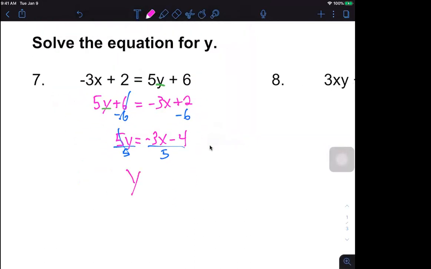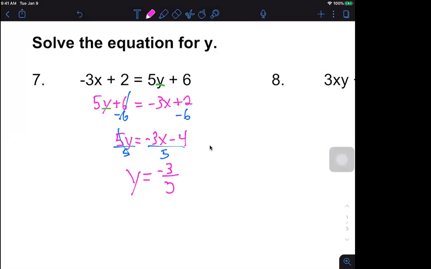And we'll get y equals, does 3 divided by 5 come out even? Nope. Does 4 divided by 5 come out even? No. Good. So we're just going to go ahead and rewrite. 3 over 5.